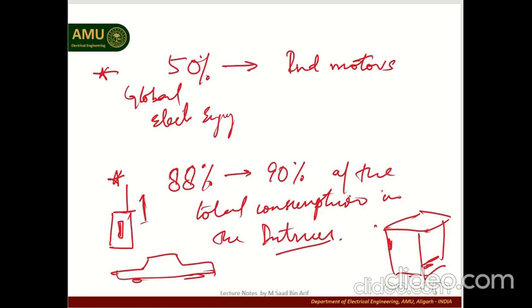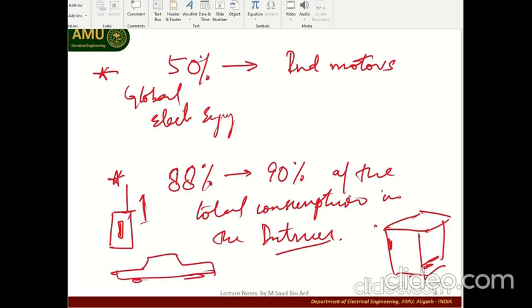The reason behind that is that the induction motor has unique features. You will find that in an induction motor there are no brushes. What does it mean?